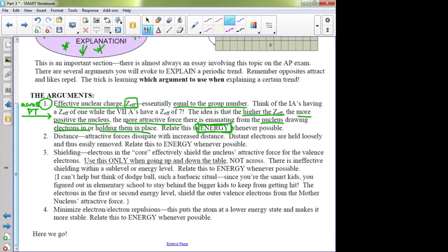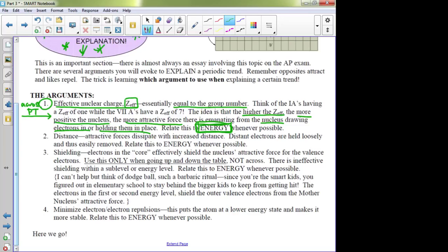Those electrons would have a lower energy. But what would happen to the amount of energy it would take to take one of those electrons away? It would be a lot higher, right? We're going to have a lot of trends, and you need to be able to use energy to explain all of these trends. You'll see when we get to them how we relate it to energy, I promise.